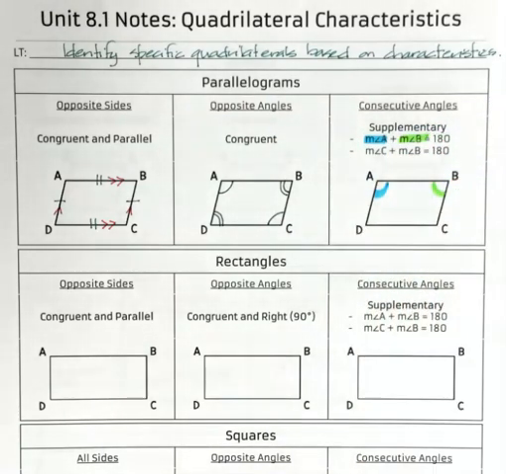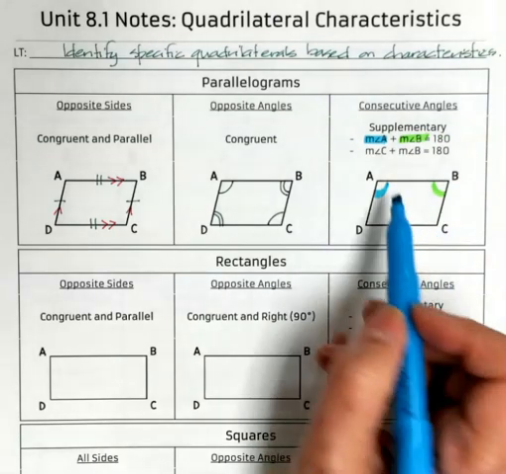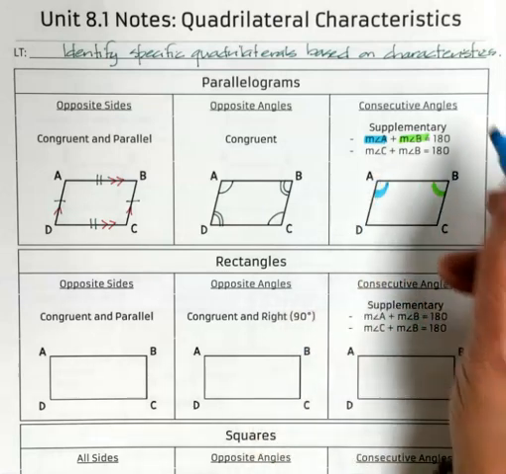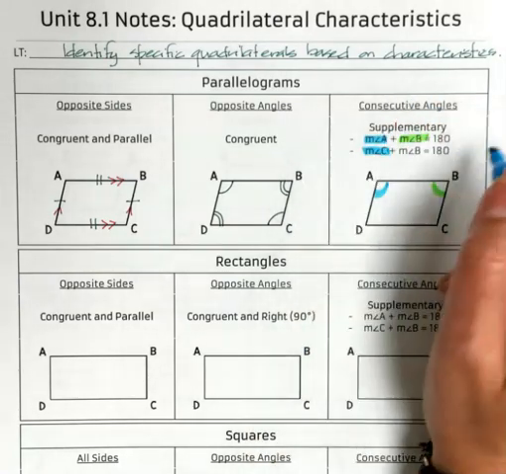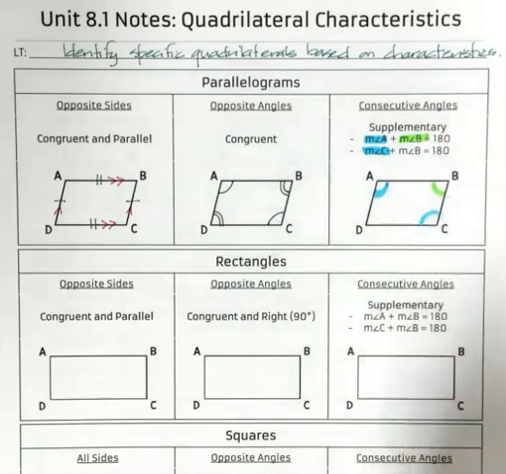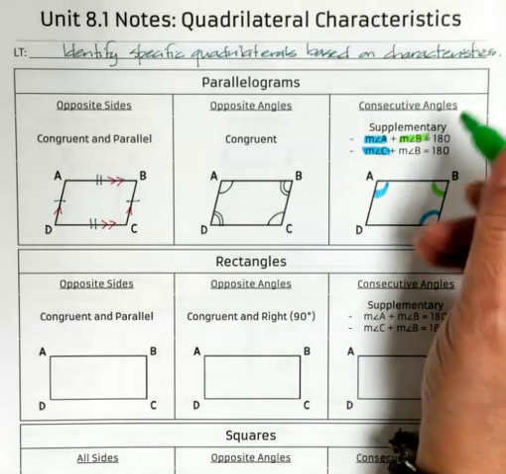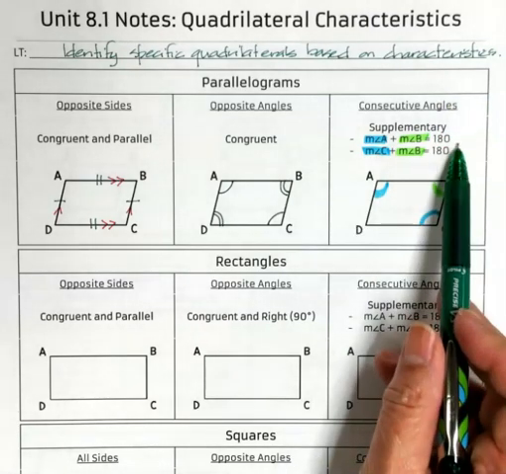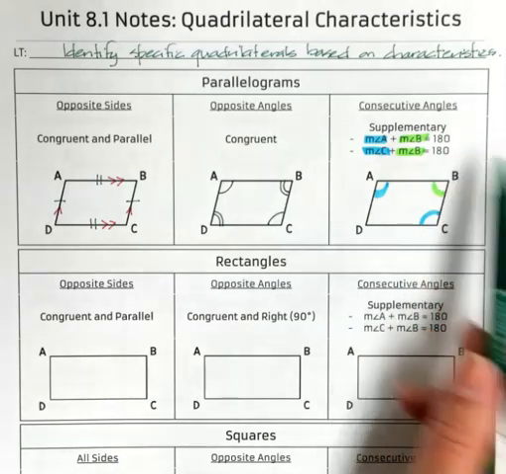are supplementary. Now, because C is opposite of angle A, I'm going to use the same highlighter. And so we have the measure of angle A plus the measure of angle B is 180, because that is what supplementary means.